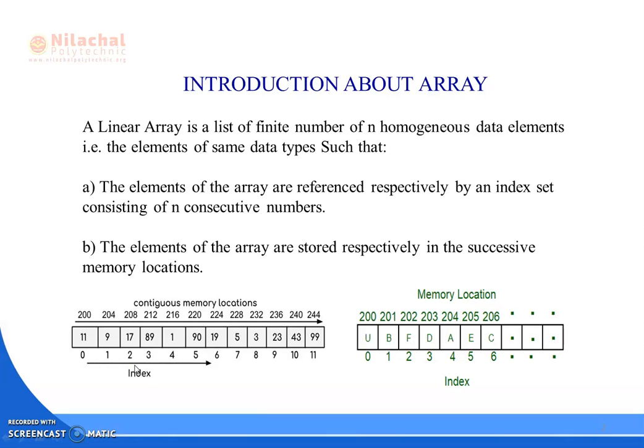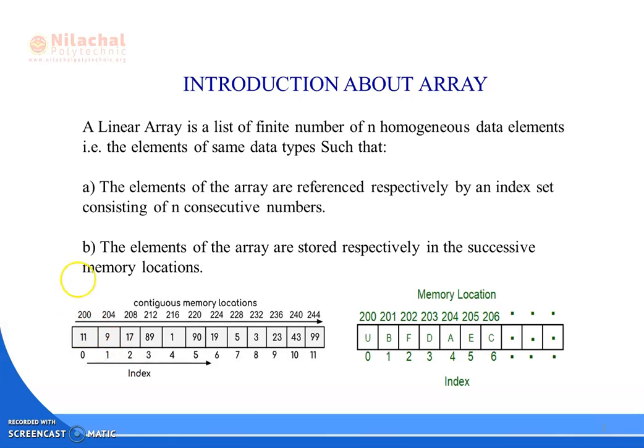Next, the elements of the array are stored respectively in successive memory locations. So since it is a linear structure, the memory allocations in array are contiguous. That is, each and every element is of the same memory size.